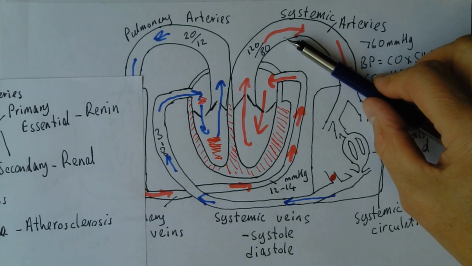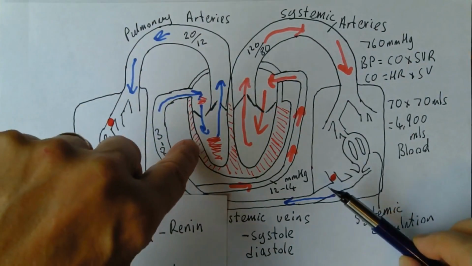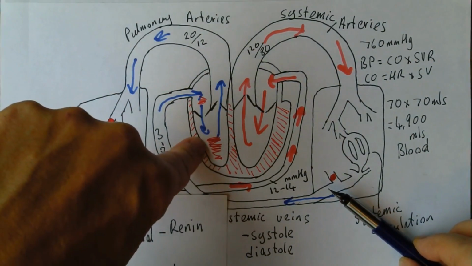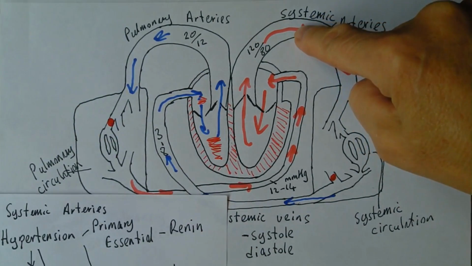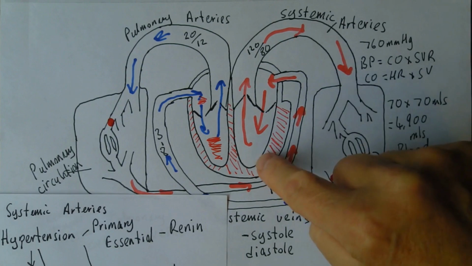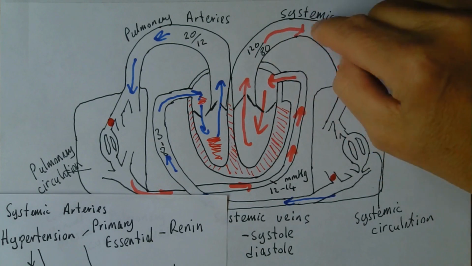There will be an increased afterload. It was the same with the pulmonary arteries. When there was pulmonary arterial hypertension, that increased right ventricular workload. When there's systemic arterial hypertension, the left ventricle has to pump harder to pump the blood into the systemic arteries.